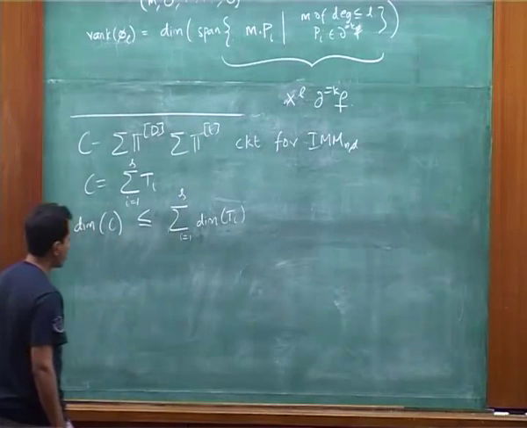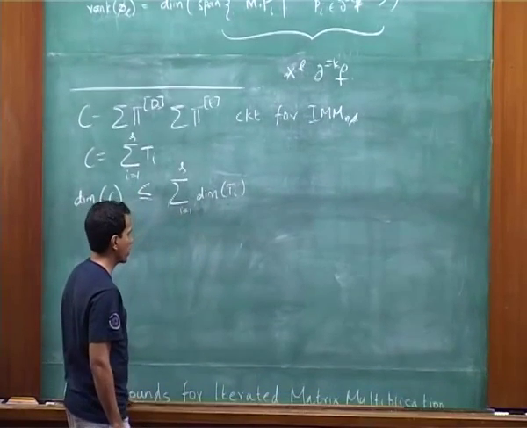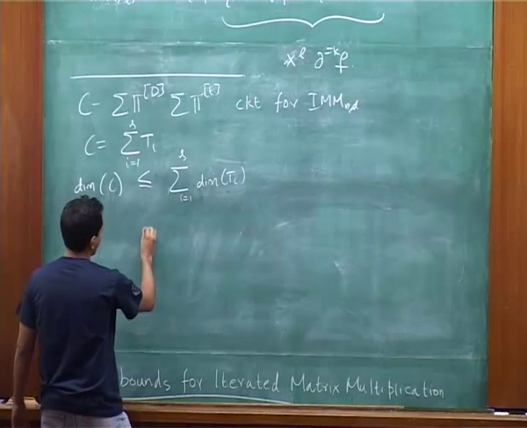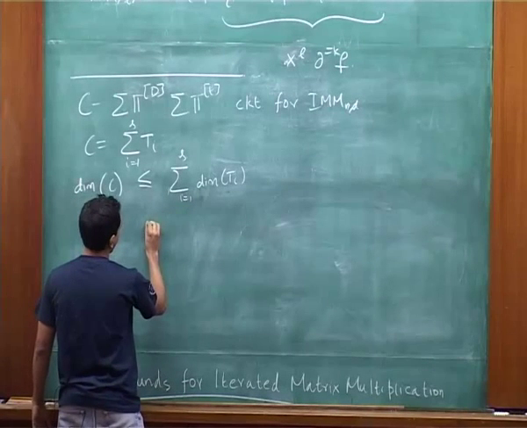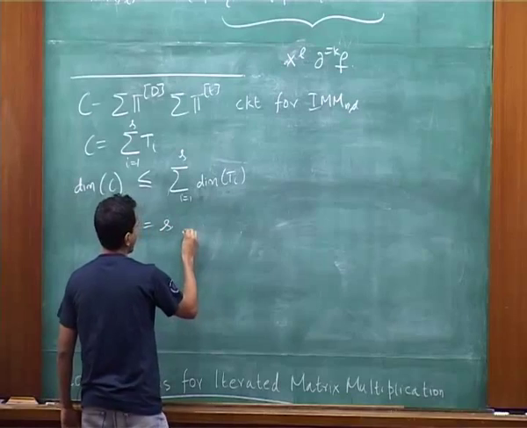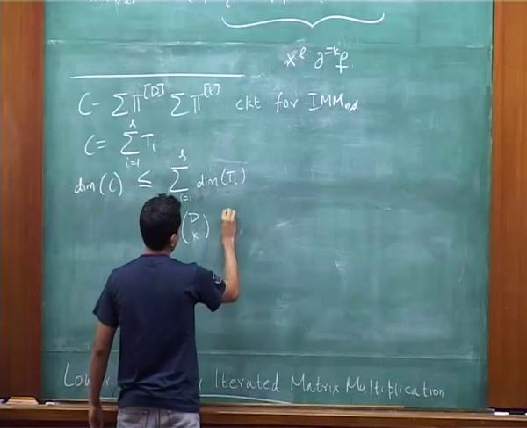And then now the dimension of each of these guys is what Ankit has already upper bounded for us from the last time. So let me just state that upper bound because I'm slowly running out of time and I don't have time to work it out now. But it's a fairly easy exercise to work out that this is equal to S times, well, it's a funny pair of binomial coefficients.